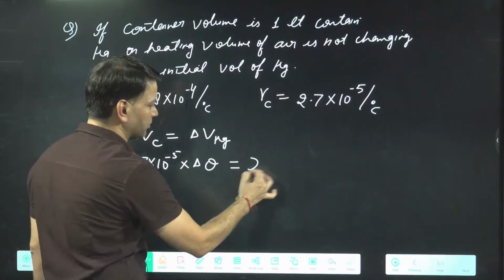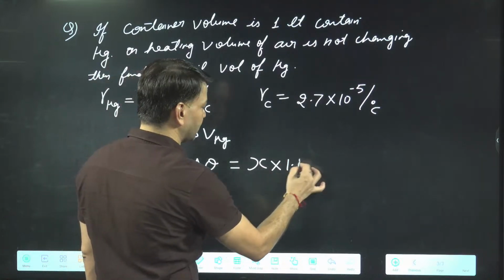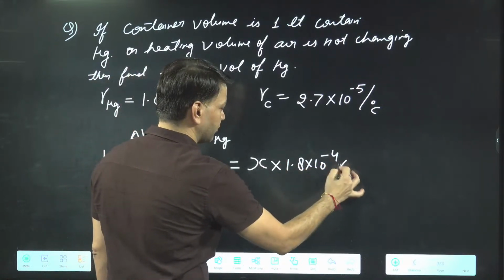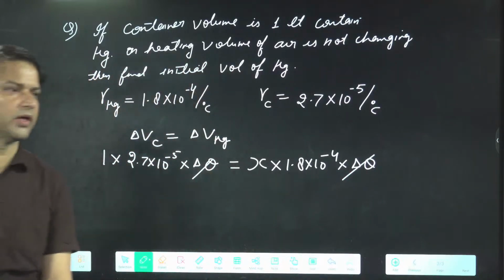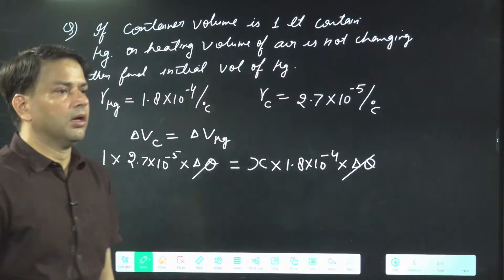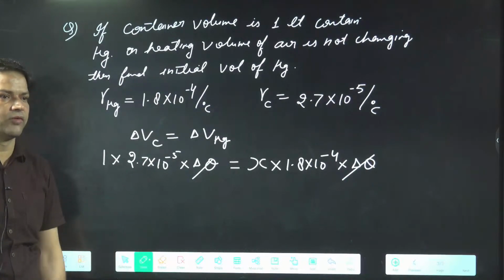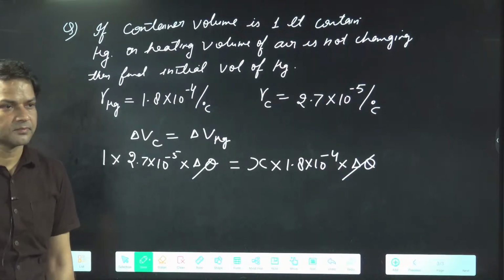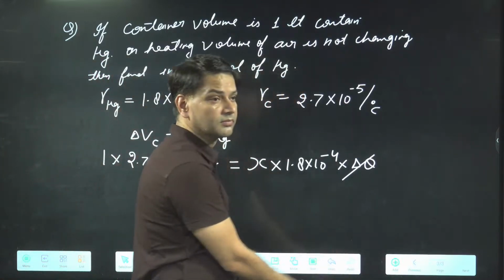Suppose the initial volume of the mercury I am taking X, into gamma of the mercury, that is 1.8 into 10 to the power minus 4, into delta theta. Delta theta cancels out. From that you can get the value of X. So everybody is getting 0.15. X value is 0.15 liter. Completed.